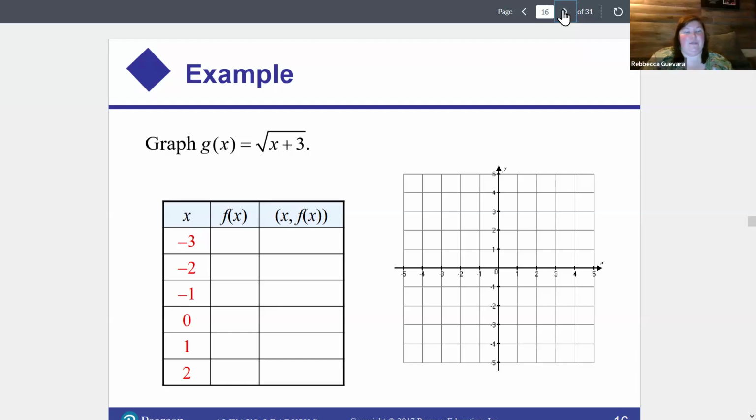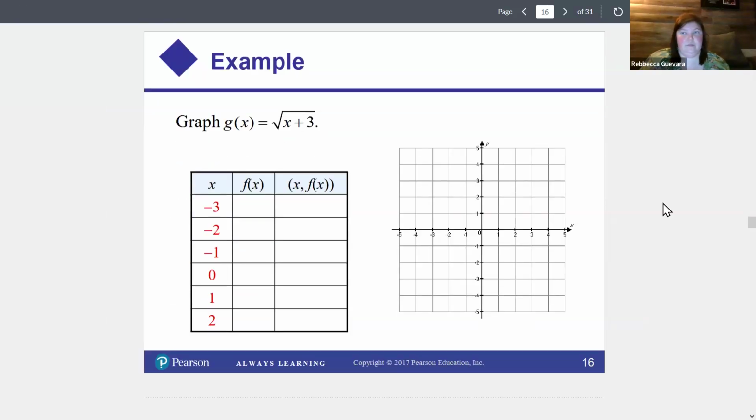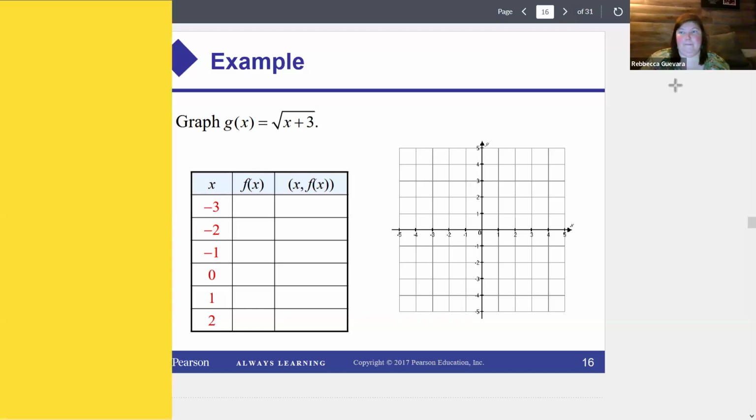If I want to graph the square root of x plus 3, well, if x is negative 3, then g, that should be a g, not an f, I'm sorry, g of negative 3 would just be the square root of negative 3 plus 3.